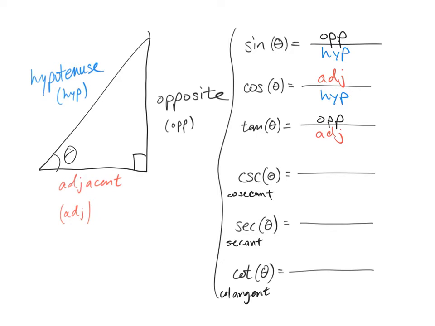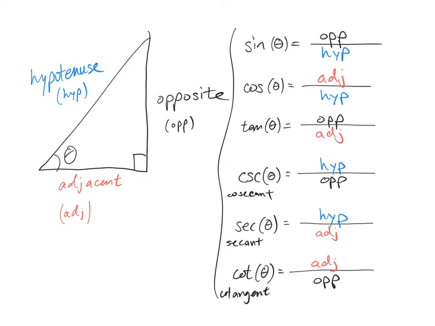And these 3 particular trigonometric functions are just defined using, again, hypotenuse, opposite, and adjacent, like this. The cosecant of an angle is the hypotenuse over the opposite side. The secant of an angle is the hypotenuse over the adjacent side. And the cotangent of an angle is the adjacent side over the opposite side.